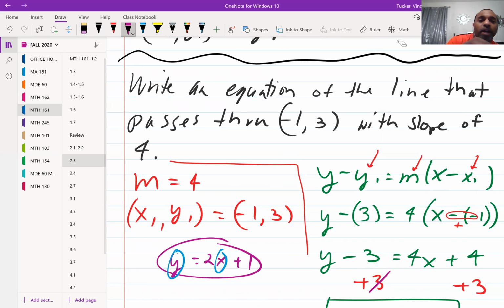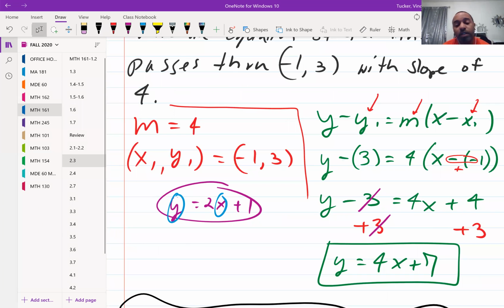And then from there, we want to add 3 to both sides so that we can simplify our equation as much as possible to the expression of y equal to 4x plus 7. All right, any questions?